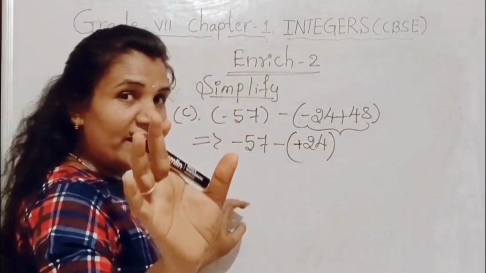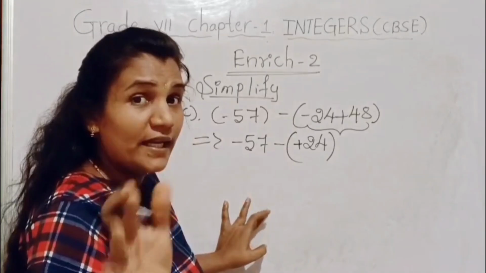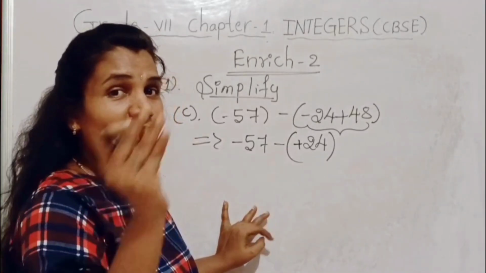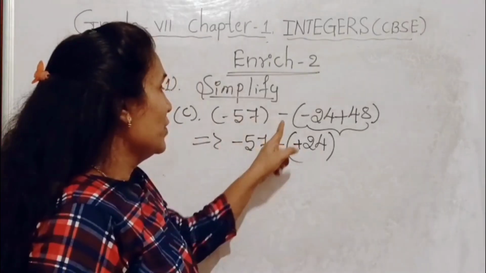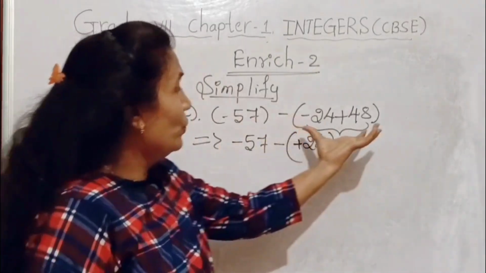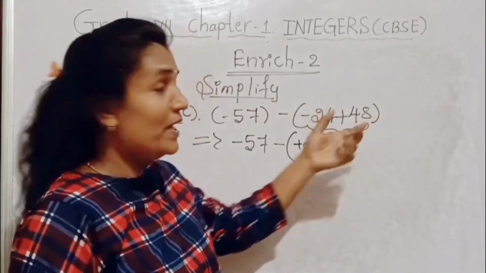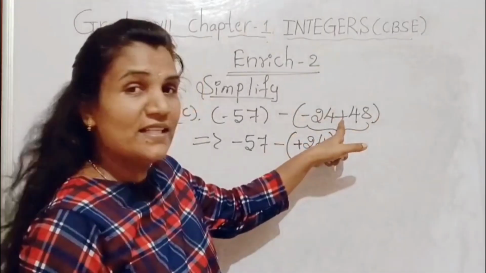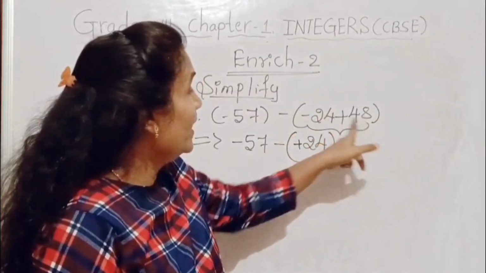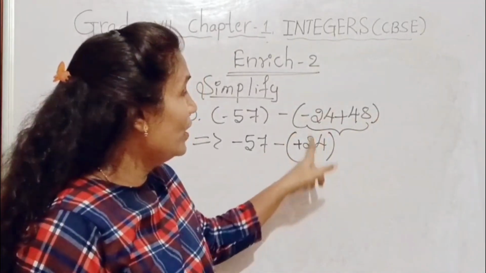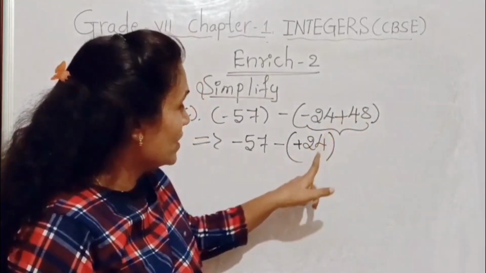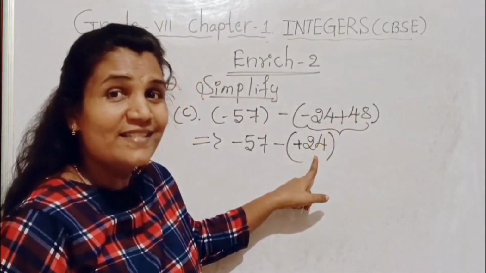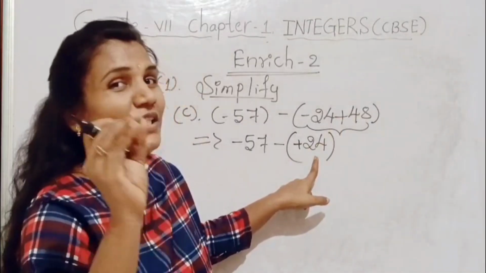See here, I have done the operation only for the bracket. Minus 57 as it is I have written, minus also. Within the bracket, minus into plus is minus, so we subtract 48 minus 24, that is 24. Among these two, the bigger integer is 48, which has a positive sign. So the number in the bracket gets a positive sign.